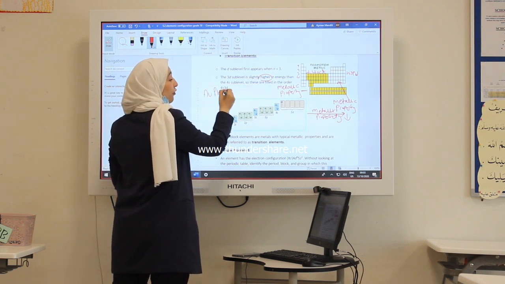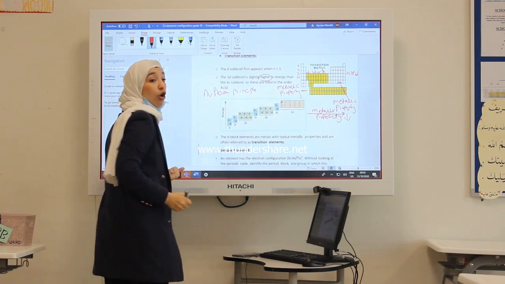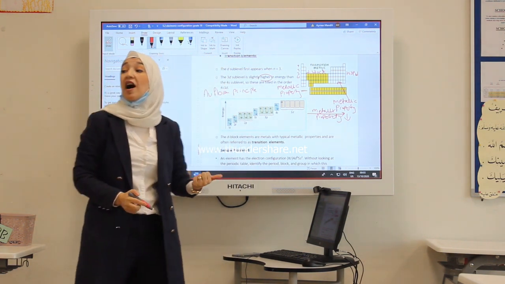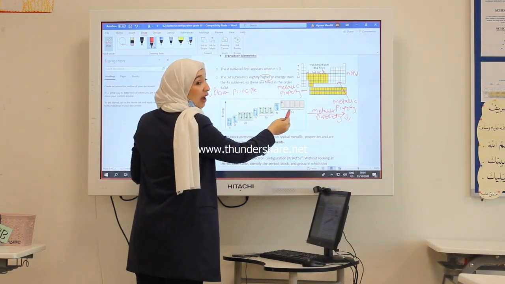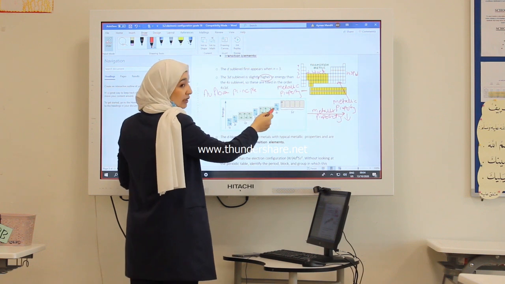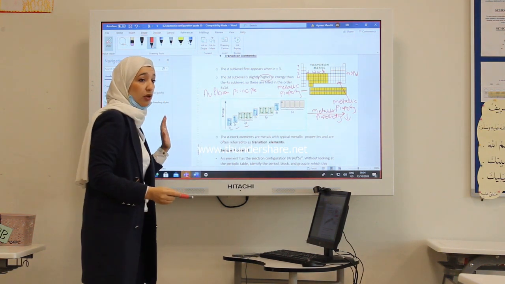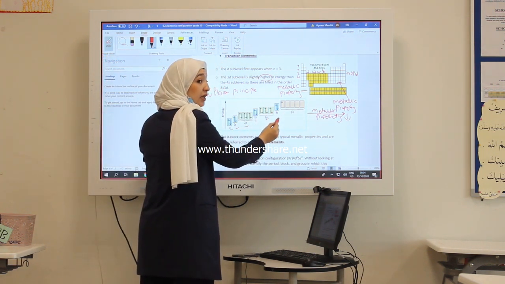Refer to the Aufbau principle, that we are filling the sublevels according to their energies, right? And they found that the d sublevels come after the s. Like here, 1s, 2s, 2p makes sense for us, right? 3s, 3p, supposed to be 3d.